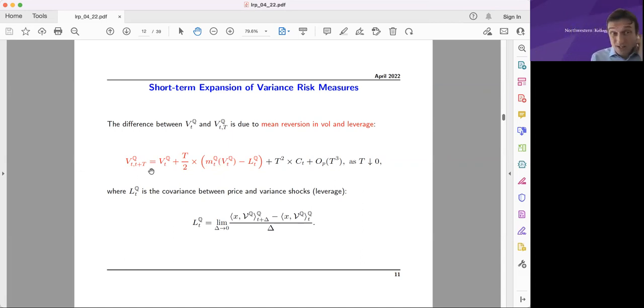Now just imagine how I'm going to apply this result. I have a lot of short dated options, and I can calculate these risk neutral variance measures over a few relatively short time horizons. Then at each point in time you can run a regression on a constant, the time to maturity, and the time to maturity squared, and then you will probably run out of options, so you will stop there.